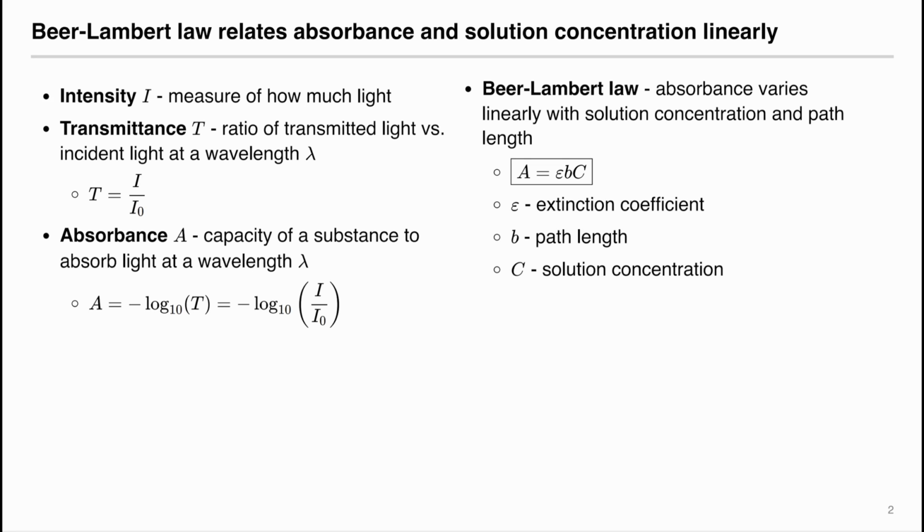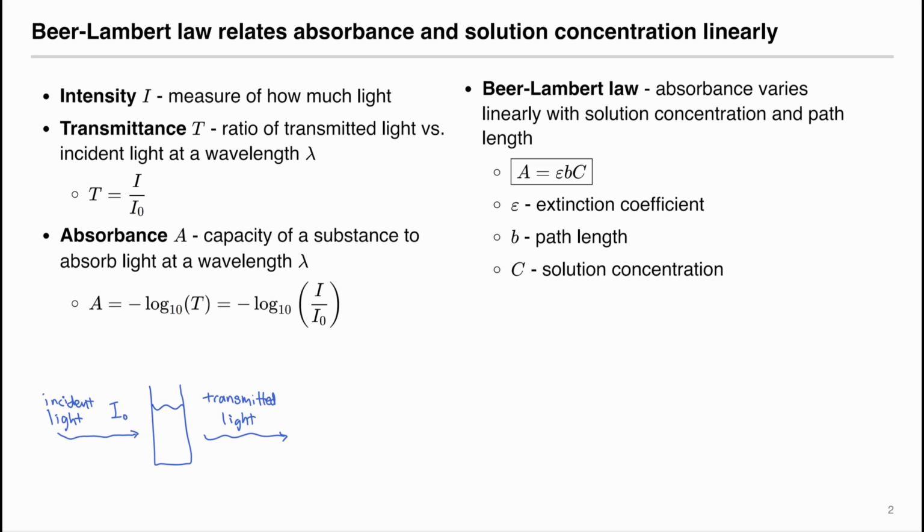For example, if we have some sample in a cuvette, and then we have some incident light coming through at the sample, and the incident light has an intensity of I0, then there will be some light being transmitted through the sample. That is, the light passes through the sample, and it's called transmitted light.